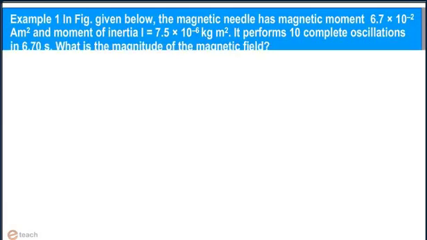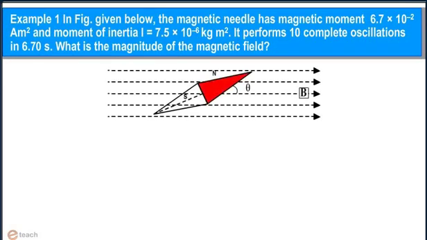Example 1. In the shown figure, the magnetic needle has magnetic moment 6.7 into 10 to the power minus 2 ampere meter square and moment of inertia I equals 7.5 into 10 to the power minus 6 kg meter square. It performs 10 complete oscillations in 6.7 seconds. Then what is the magnitude of the magnetic field?